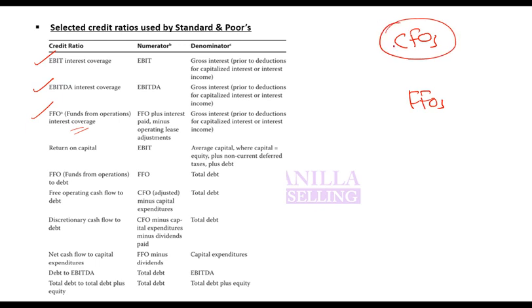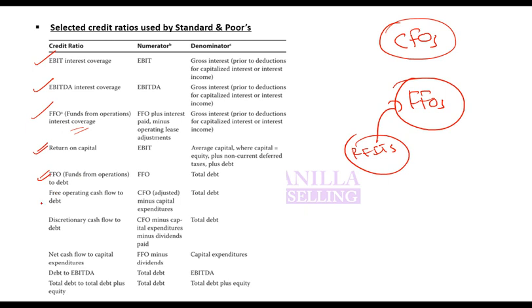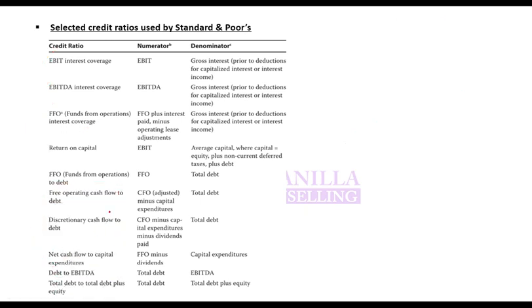Generally, for companies we have cash flow from operation, but when we talk about REITs, they have funds from operation. So it is similar to cash flow from operation, but in REITs. Return on capital, funds from operations to debt, free operating cash flow to debt, discretionary cash flow to debt, net cash flow to capital, debt to EBITDA, total debt to total debt plus equity.